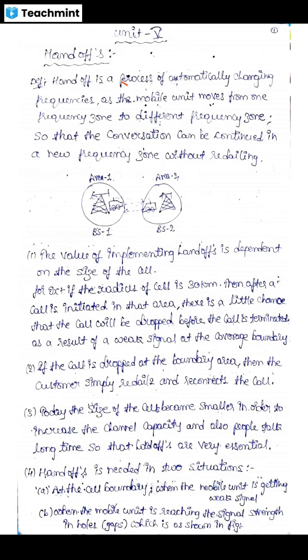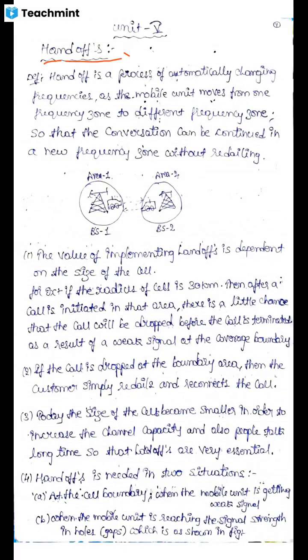Hello everyone, today we will discuss the introduction part of handoff and types of handoffs. Firstly we will learn the definition of handoff. What is meant by handoff? For example, consider a mobile unit in base station 1. In this base station 1, this mobile unit is allotted one frequency channel for its communication.